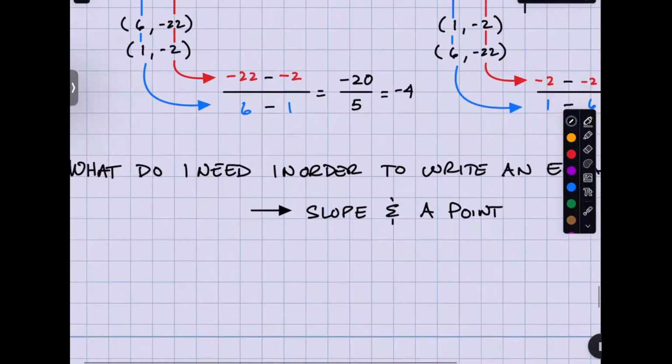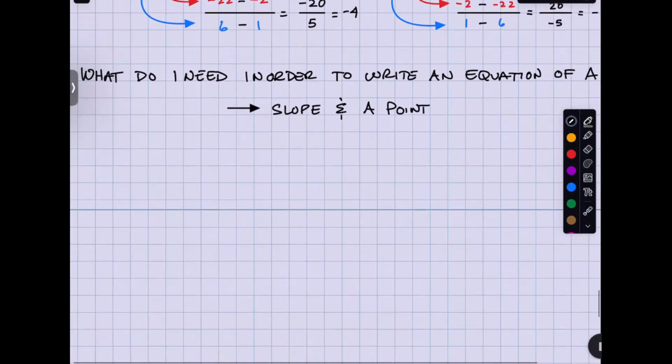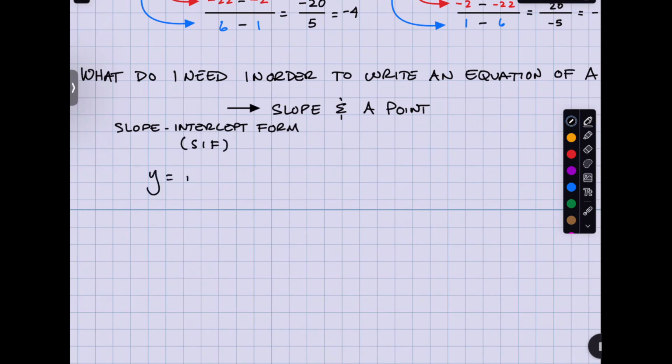So with that being said, if it's just a slope and a point, you can use one or another equation for that to happen. Yes, you can use the slope-intercept form. Remember, I called it SIF, not SIP, but SIF. And that's equal to y equals mx plus b.